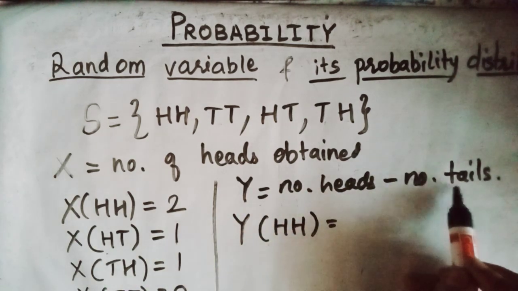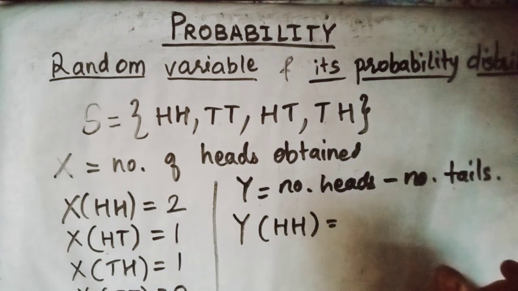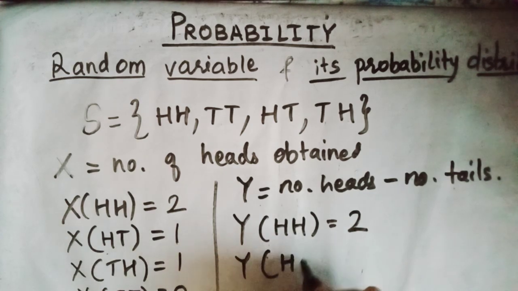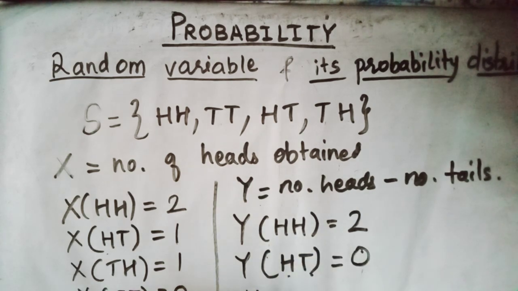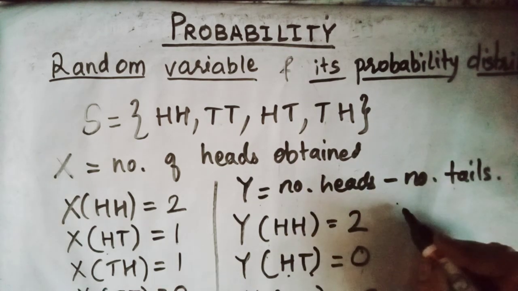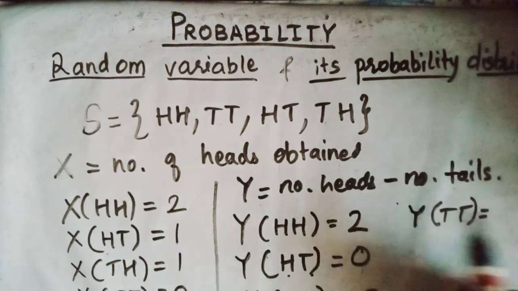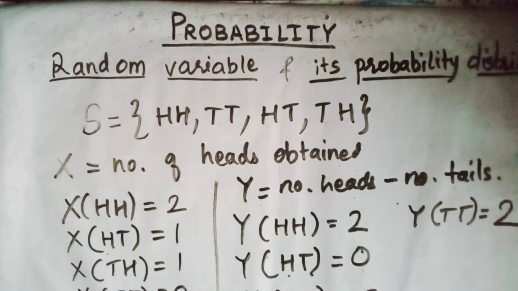Number of heads minus number of tails. Here number of heads is 2, number of tails is 0, so your answer will be 2. Y of HT, number of heads is 1, number of tails is 1, so 1 minus 1, this is 0. Y of TH will be again 0 and Y of TT, here number of heads is 0, number of tails is 2, so this will be minus 2.